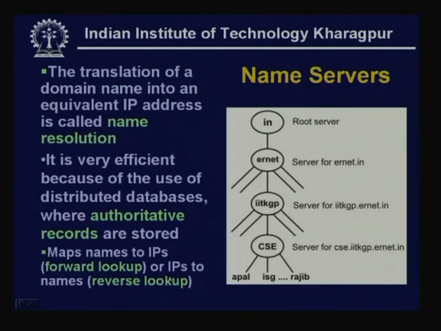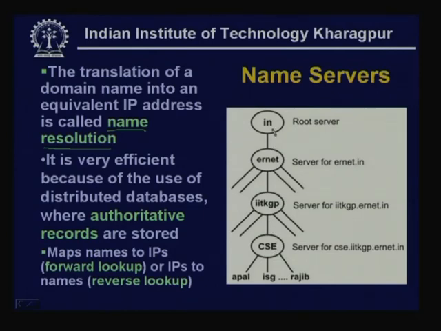And the translation of a domain name into the equivalent IP address is called name resolution, and it is very efficient because of the use of distributed databases, and the databases are stored in different servers, which are distributed.